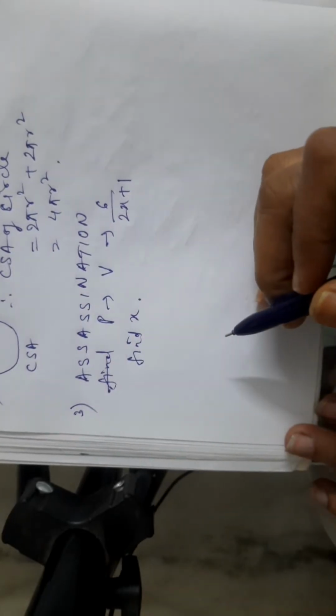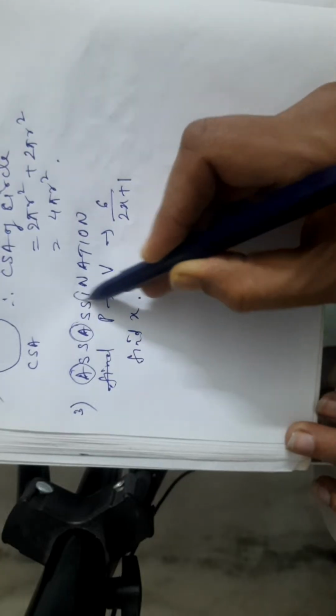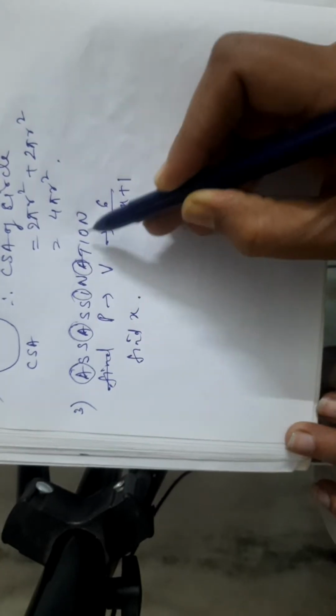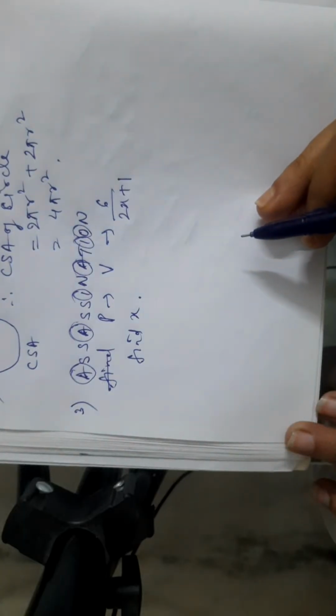How many vowels are there? 1, 2, 3, 4, 5, 6. Whereas the sample space is 13, the total letters altogether.